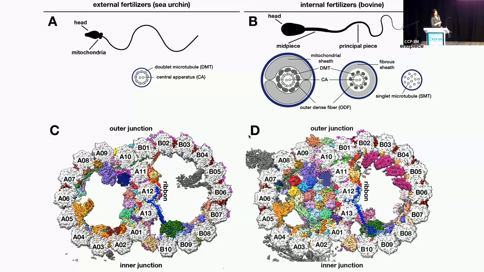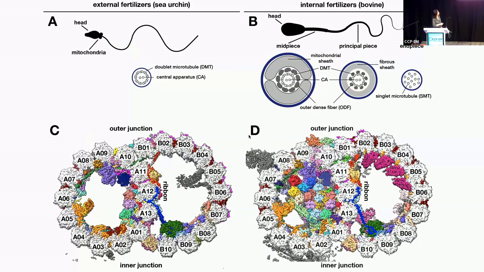And so on the ultrastructural level, there are differences, because I told you that we have the mitochondrial sheath and the outer dense fibers, and sea urchin sperm doesn't have them. But when you zoom in and look inside the microtubule doublets, you can see that mammalian sperm has substantially more of these microtubule inner proteins compared to sea urchin sperm.